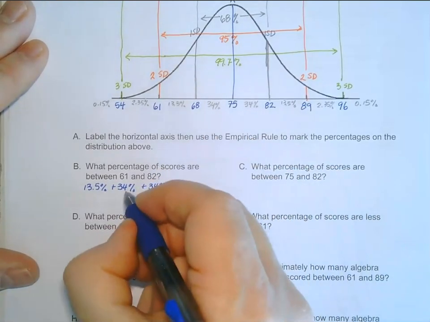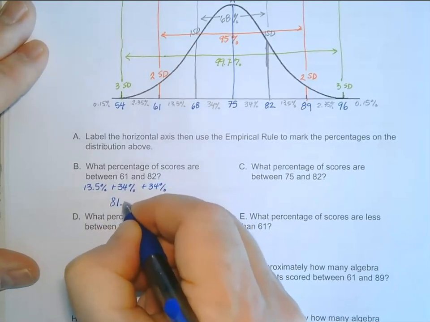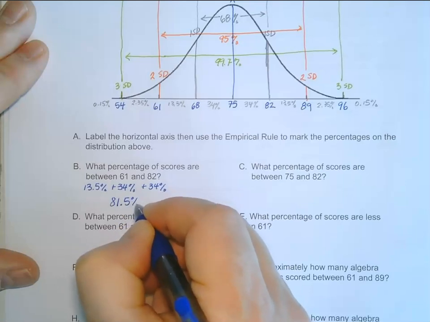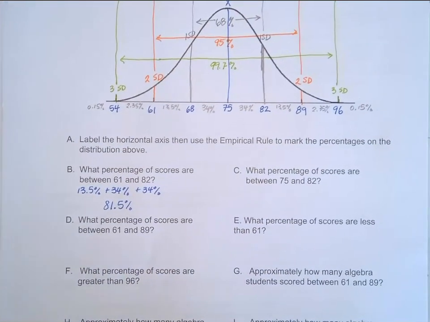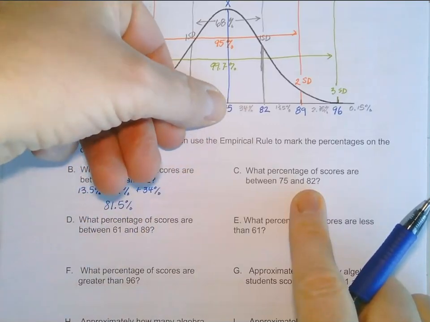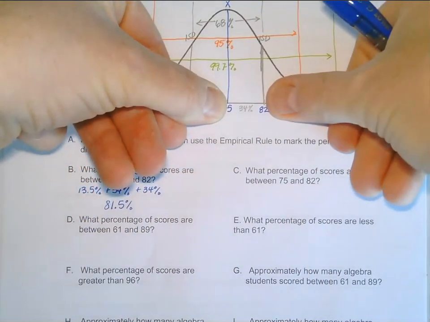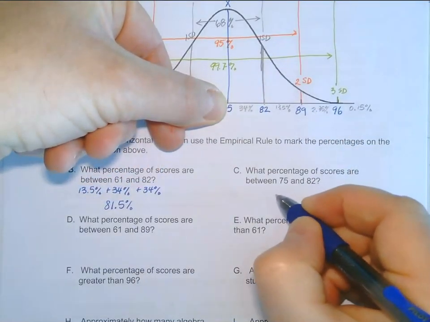When you add those together, you're going to get 81.5%. What percent of the scores are between 75 and 82? Well, that's just going to be the 34%, isn't it? There's nothing to do there.